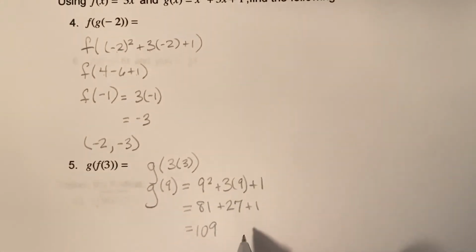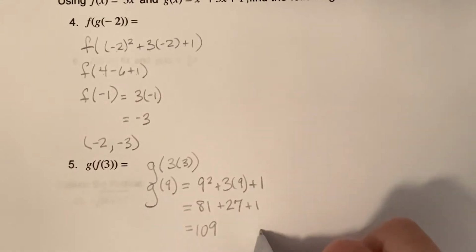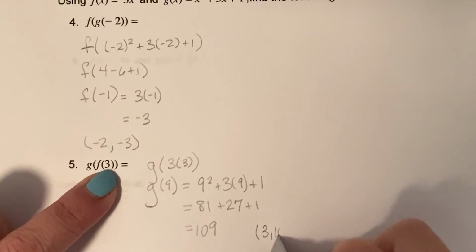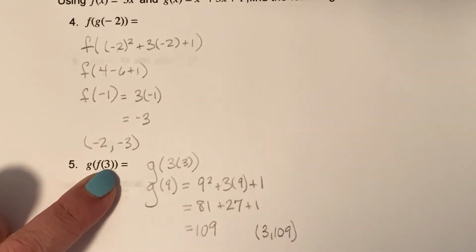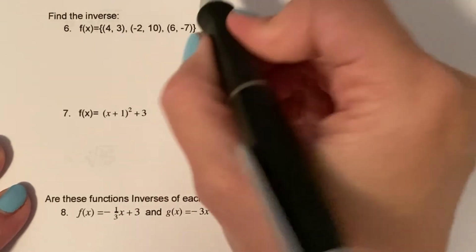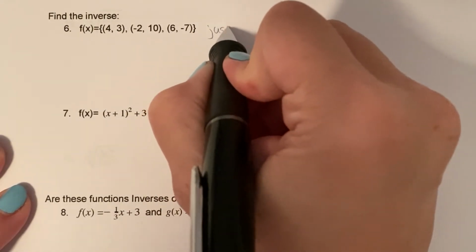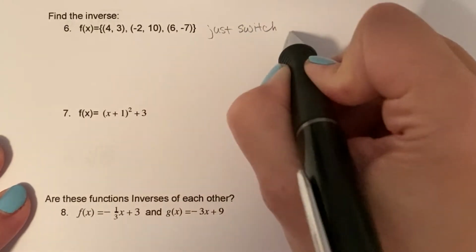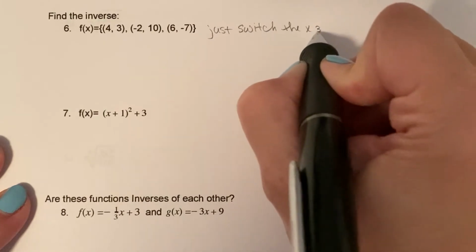So we get 109. So our actual point is (3, 109). Okay, so finding the inverse. Remember, when you're dealing with points, you just switch the x and y.